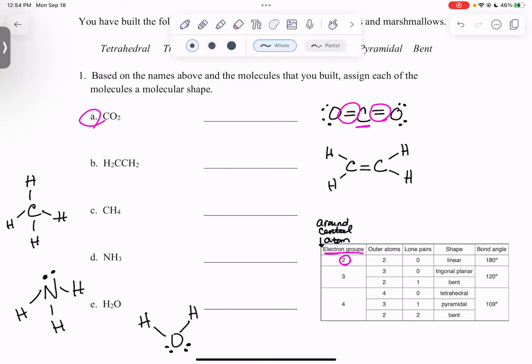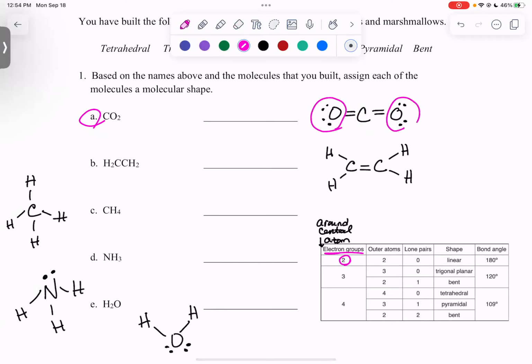Now, I look at the outer atoms. Here's an outer atom and here's an outer atom. So I have 2 outer atoms and 0 lone pairs around the central atom. All of these things are talking about what's around the central atom. Therefore, this shape must be linear, and this bond angle is 180 degrees. Okay, let's do the next one.